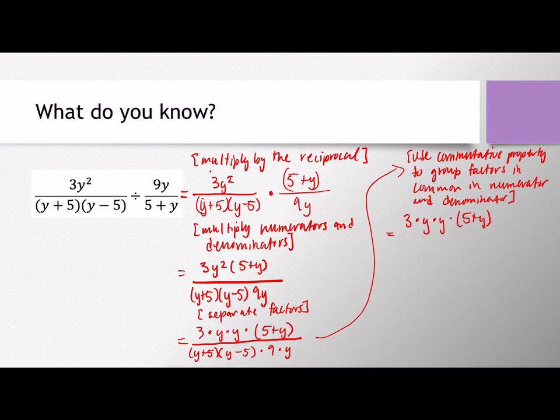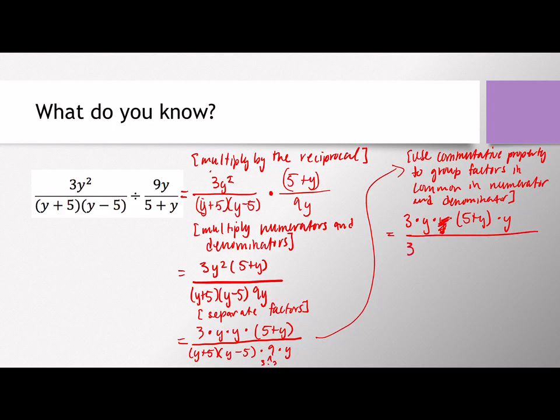Okay, well, let's take a look at what we got here. So this y, the second y here, doesn't need to go there, so we're going to kind of cross that out here and put it over here. Because on the denominator I have 3, this 9 becomes 3 times 3. Okay.